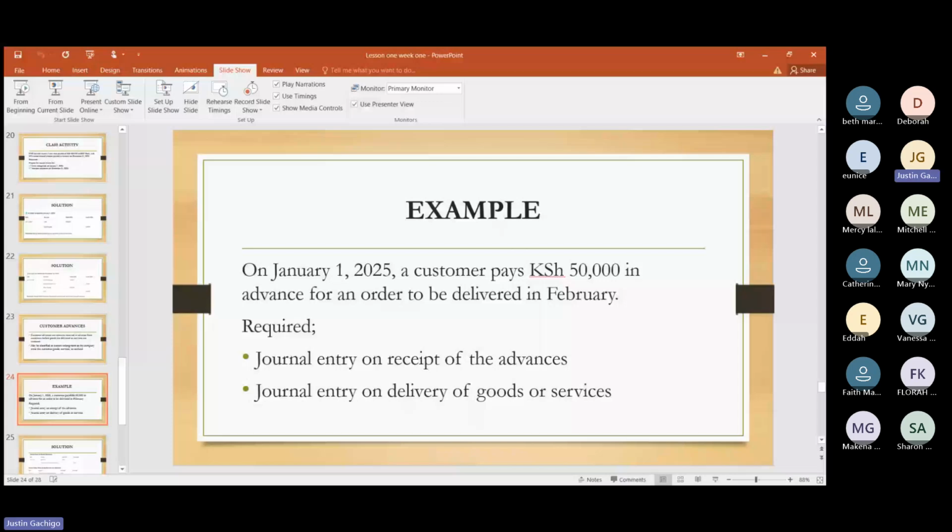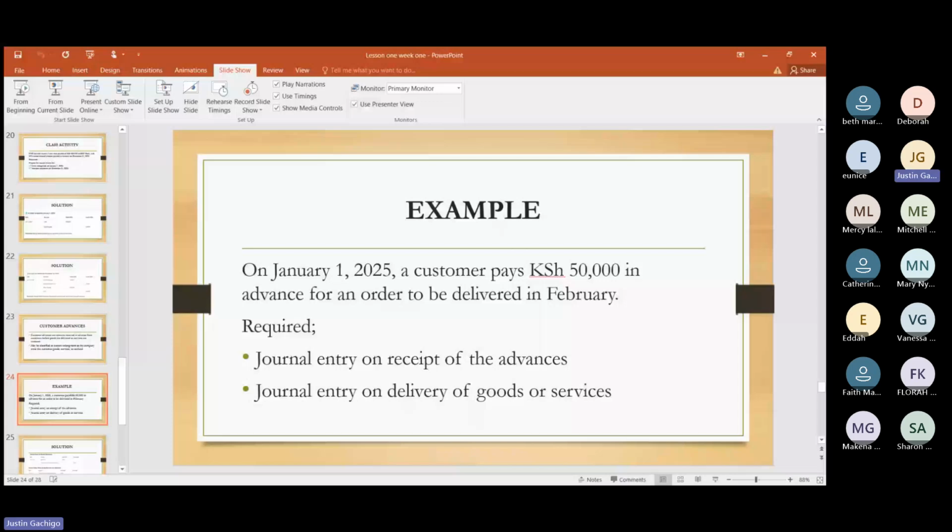But when you deliver the good, again, what you need to know is that the money is sitting on customer advance. It's a credit. So debit customer advances, then you credit the sales, because for an increase in sales you need to credit.